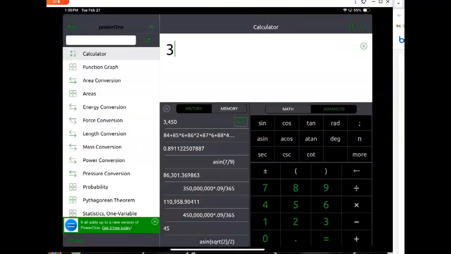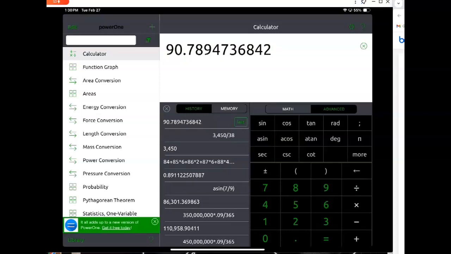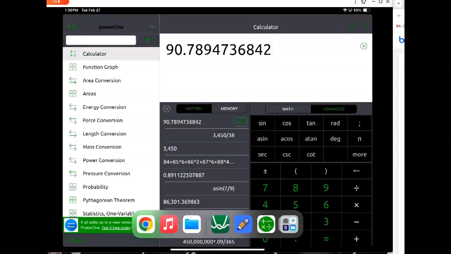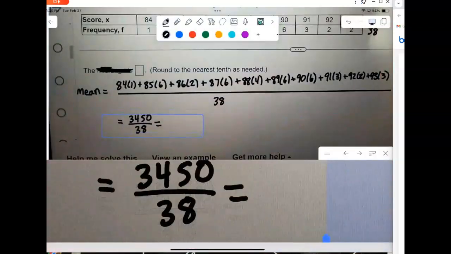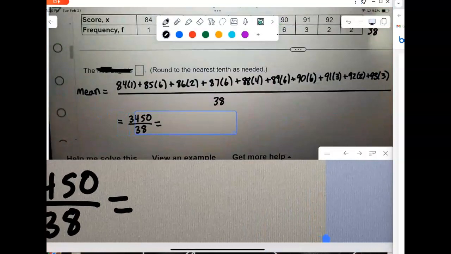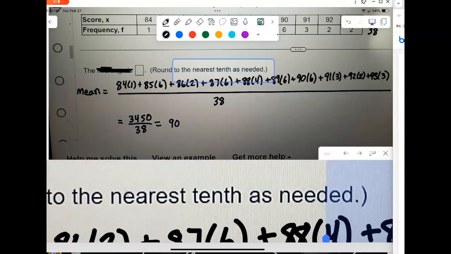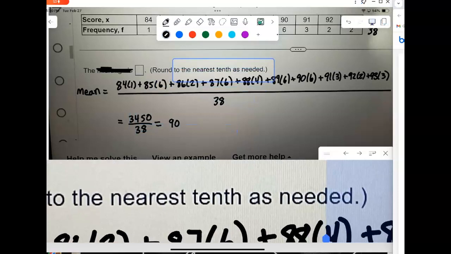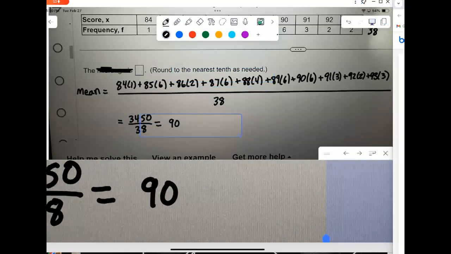That will be our mean for this group of data, which would be about 90.79. Or if we follow the directions here, rounding to the nearest tenth, that would be 90.8.